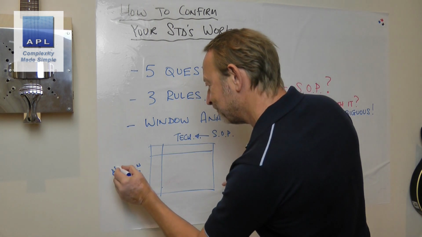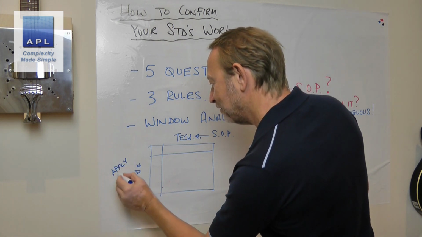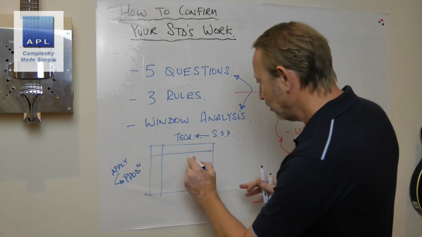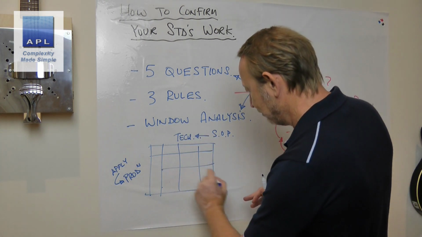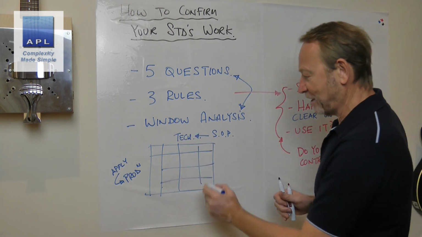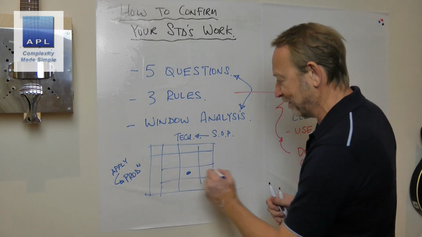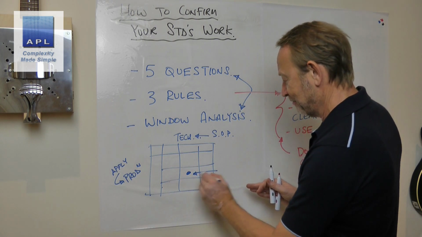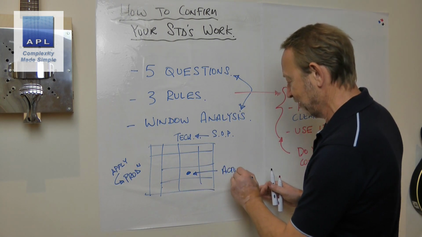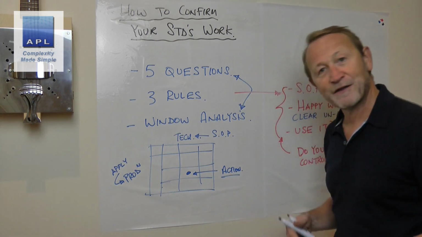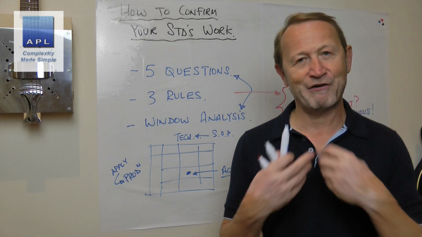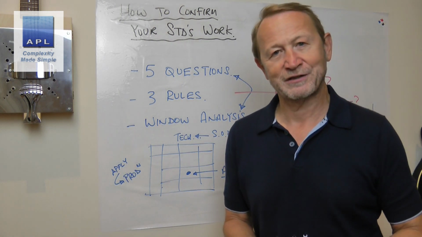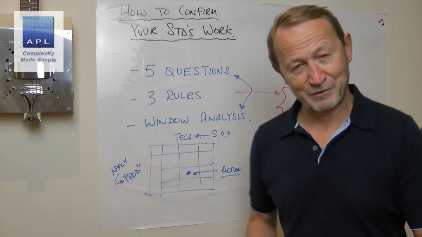These people are going to apply the standard operating procedure, and what you end up with is a grid, and you end up with mistakes, and you go within this window here, and this window is telling us to take this action. Yeah, so there's a window that you go through, and then because you're making a particular error, there's a particular action to take to try and correct the error, and that's why it's called window analysis.